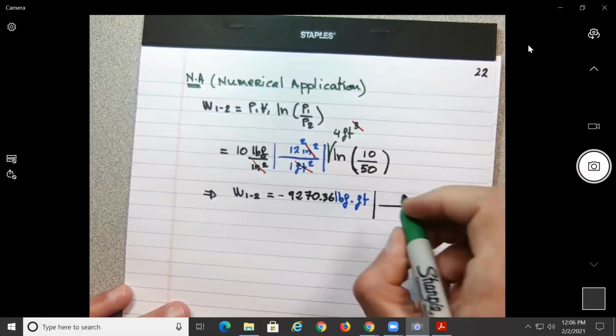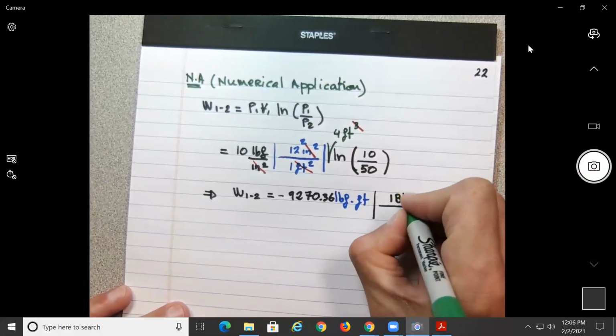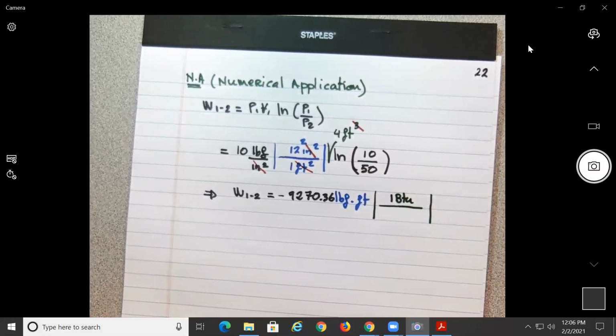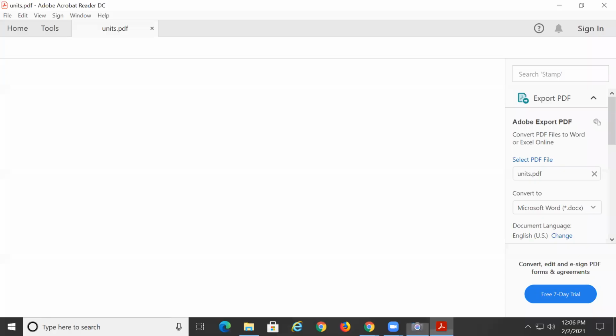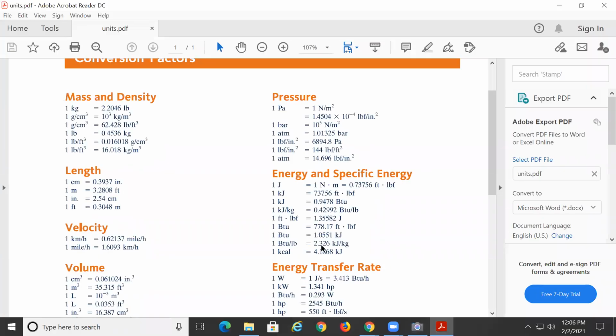We need to know that 1 BTU, I mean, I don't know it, but we saw it on that page over here. 1 BTU is equal to what? 1 BTU is 778.17 foot LBF.